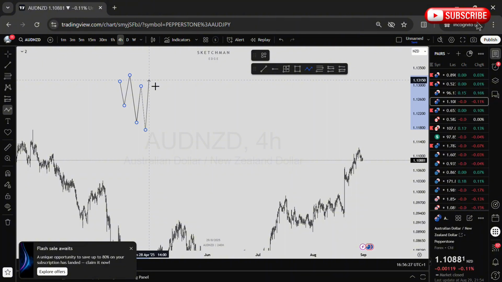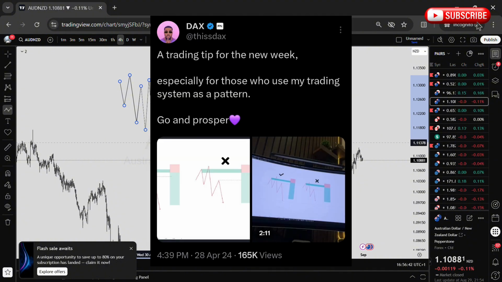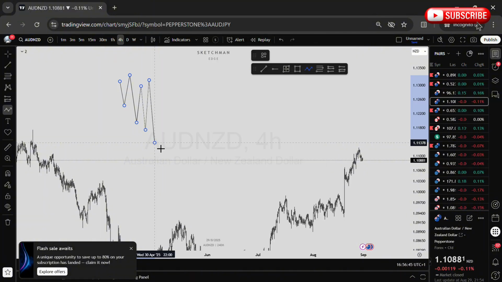I didn't know where to execute my trade from, until I saw a post that DAX made on his Twitter page, where he was showing, nothing too crazy, just how he used his Fibonacci tool on this exact model that I'm showing you guys right now.